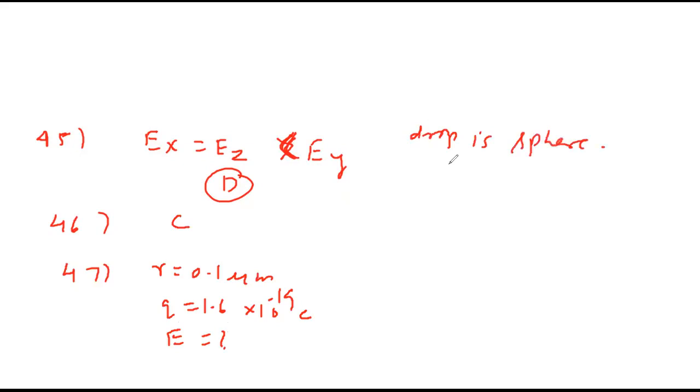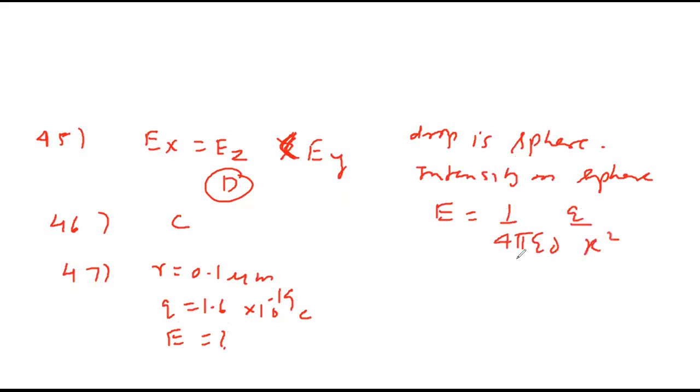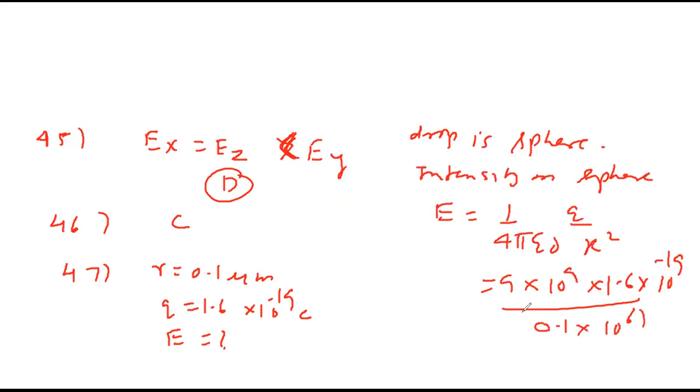What is the formula for intensity on a sphere? Intensity on a sphere is the same as for a point charge, KQ upon r square. 9 into 10 raised to 9, 1.6 into 10 raised to minus 19, r is nothing but here 0.1 micro, so into 10 raised to minus 6 square.